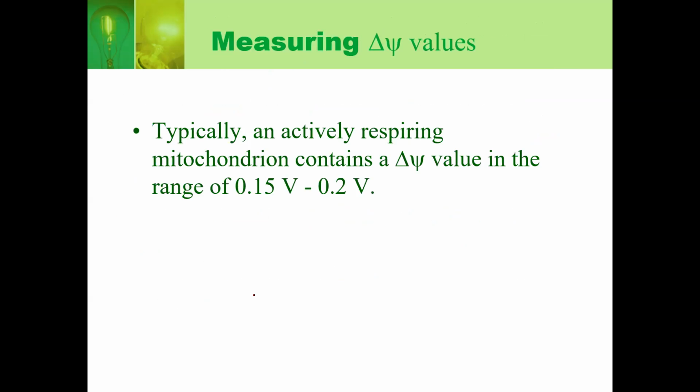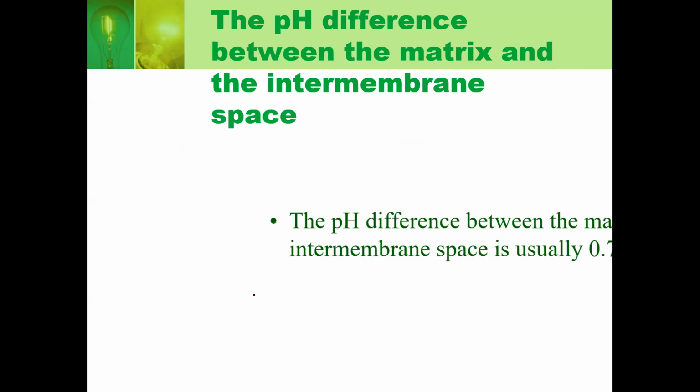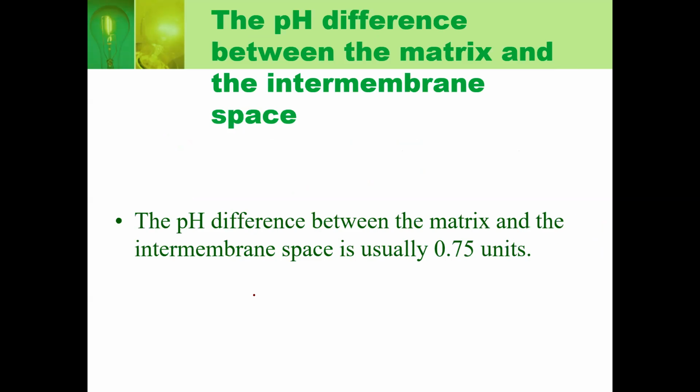And if you want to know the charge differential, you can stick an electrode in a mitochondrion. Yes, that's hard to do, but it's been done. Turns out this number is about 0.15 volts to 0.2 volts. And then the pH difference is usually about 0.75 pH units.